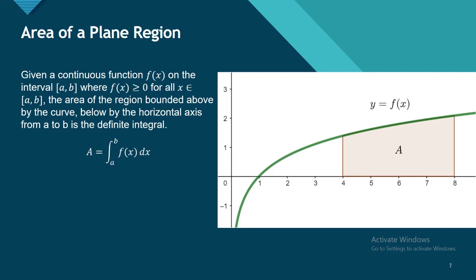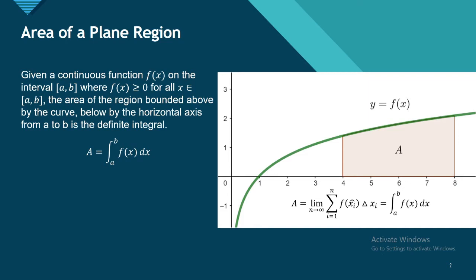What are we doing when we are getting the area of a plane region that is bounded above by a function such as this? Well, this is what happens. This is how I explained it to you at the beginning of the semester: we produce a partition of the interval.